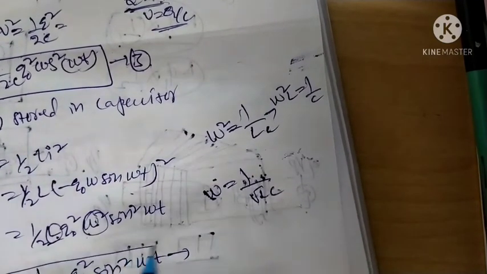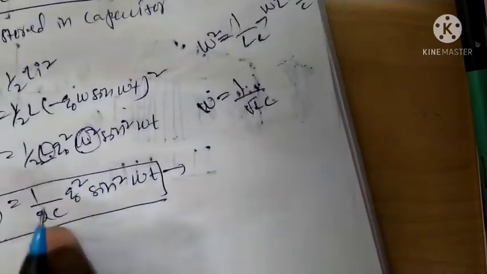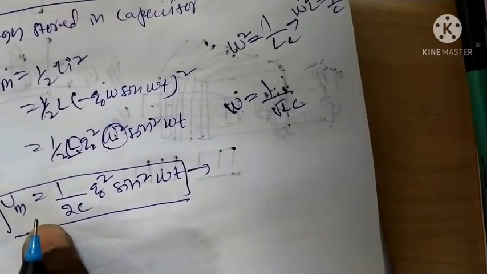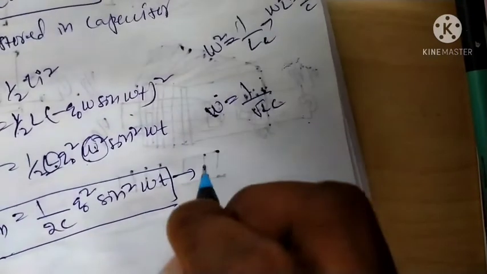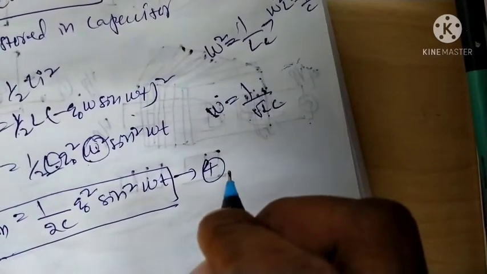This is the energy stored in the form of magnetic field in the inductor. This is equation number 4.